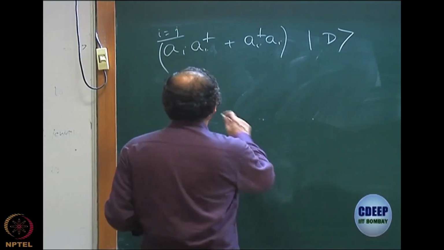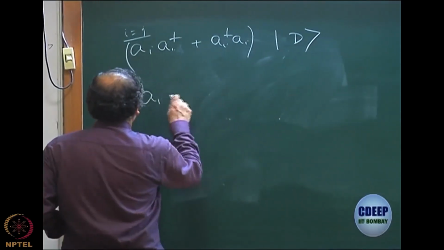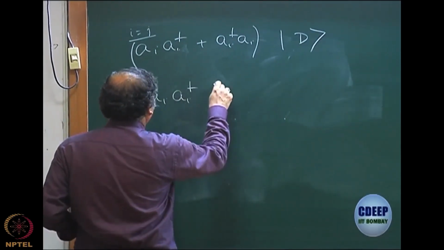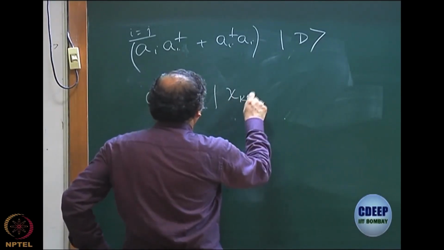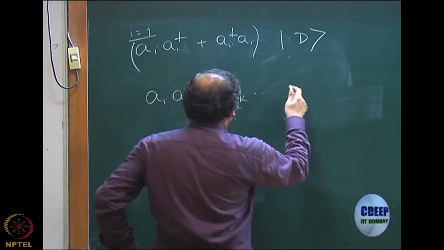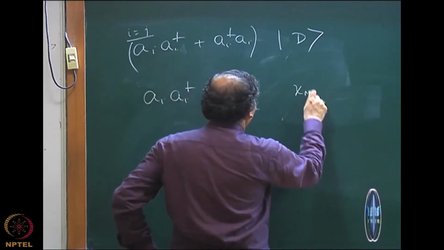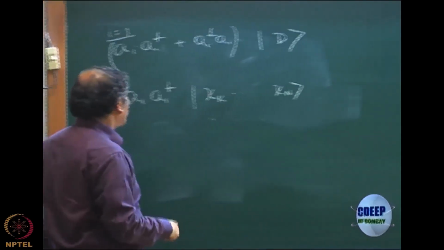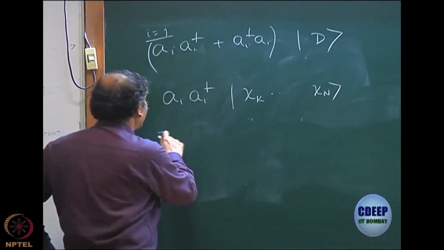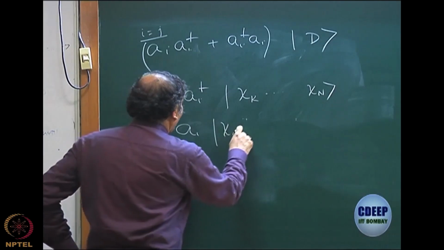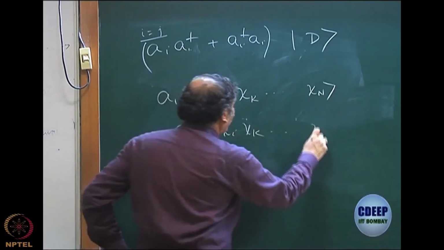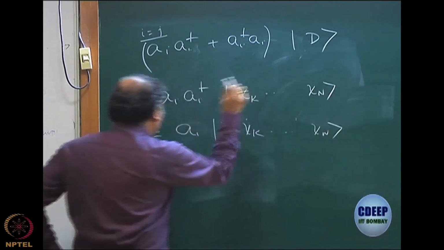So, let us take this AI AI dagger when the determinant does not include chi I. So, what will it do? It is a very trivial thing. It will first create and then it will annihilate.